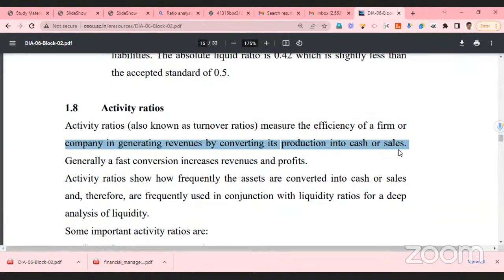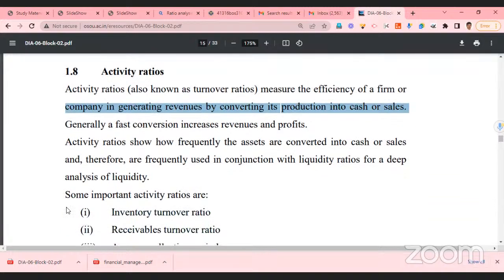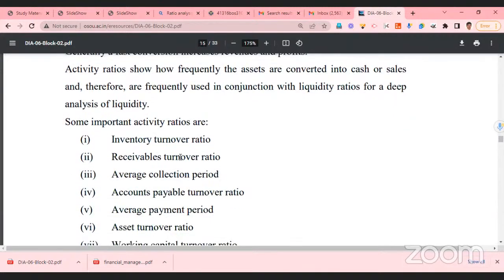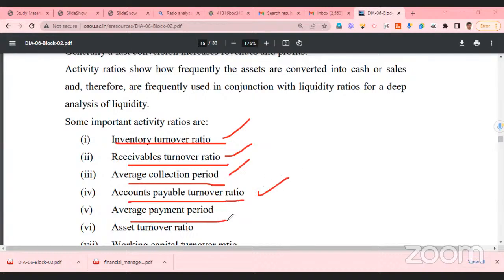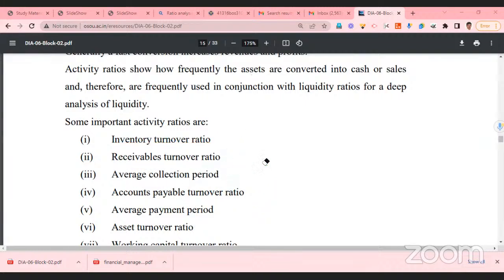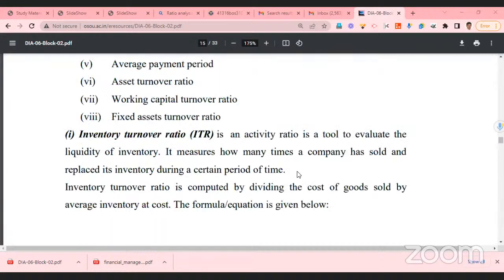There are many activity ratios, but we'll discuss these four: inventory turnover ratio, receivable turnover ratio, average collection period ratio, and average payment period ratio. Finally, we also calculate working capital turnover ratio. These ratios are very useful for knowing the movement of assets.